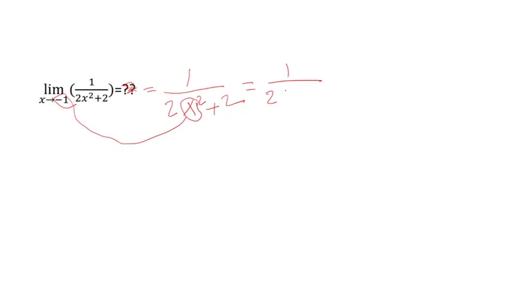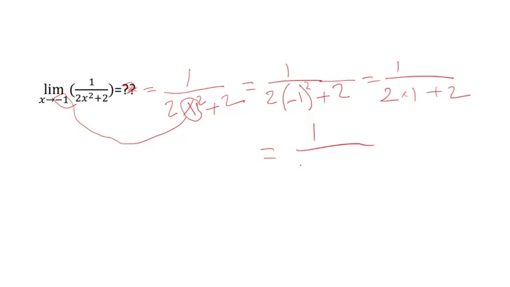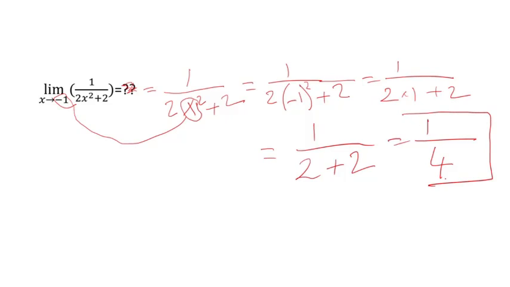So 2 times -1 squared plus 2. That's 1 over 2 times, since -1 squared is just 1, plus 2. So 2 times 1 is just 2, plus 2. So it's 1 over 4, so it's 1/4.